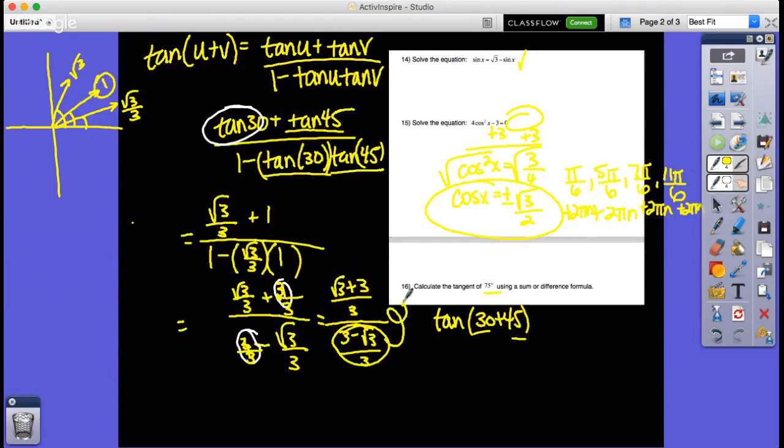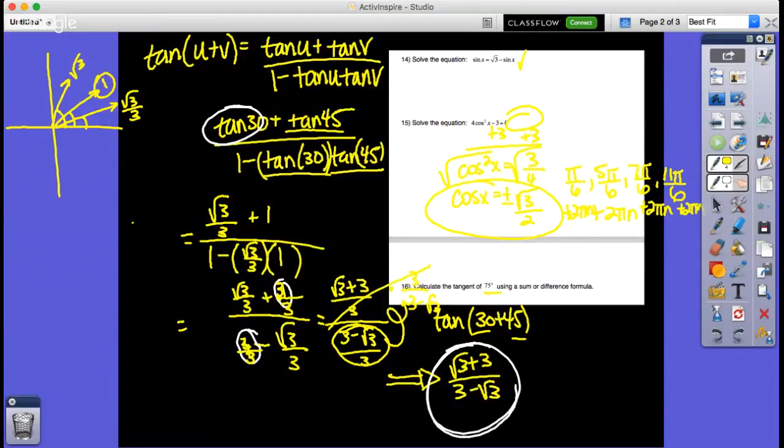So we flip this to the top. We multiply by the reciprocal. Remember that 3 minus root 3 and square root of 3 plus 3 we can't simplify, so we're left with square root of 3 plus 3 all over 3 minus square root of 3. Now, here's the deal. I did say on this one you do not have to rationalize it. You must get it here.